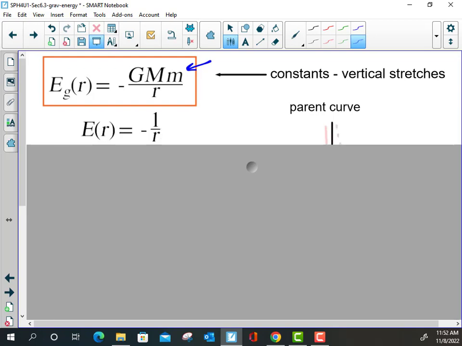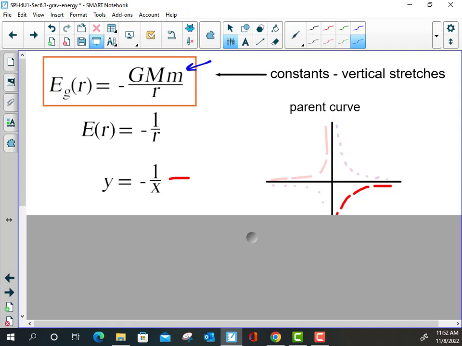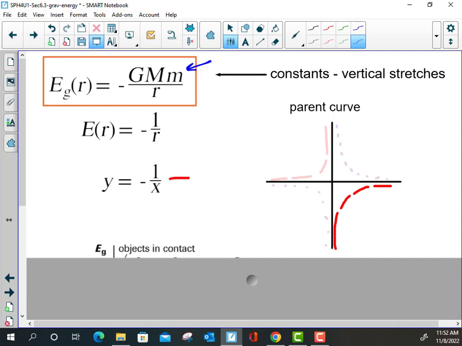So this simplifies to being 1 over negative r. And if we just think of our math class in terms of what does this curve look like, well, it's very similar to a 1 over x. But it has a negative out front, which means it's a reflection about the x-axis. And so we start to get this red line down here. So this is the graph, or the general shape, of our gravitational energy.